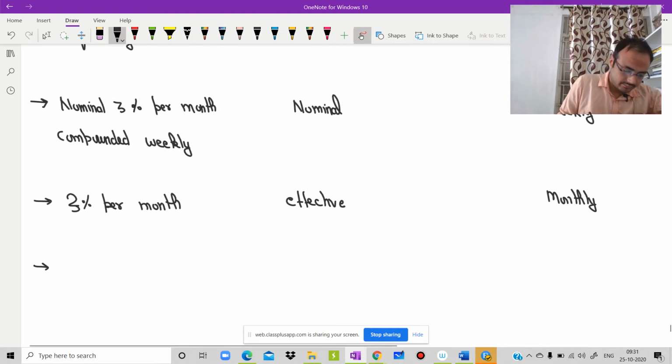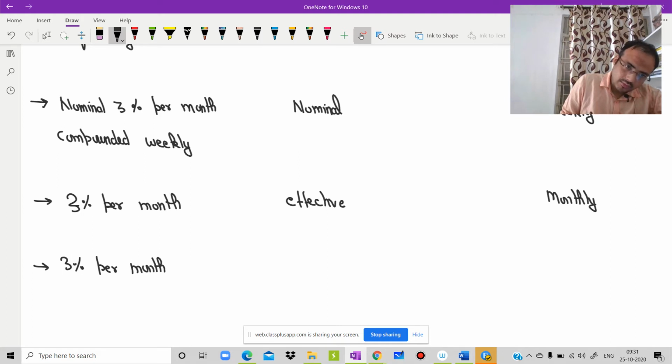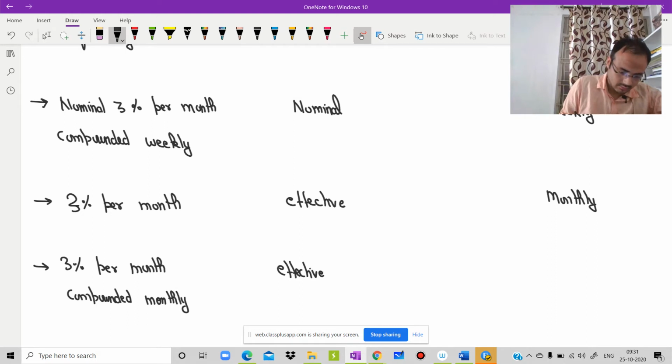One more point. Suppose 3% per month, compounded monthly. Again, it will be the effective one, and again, monthly.